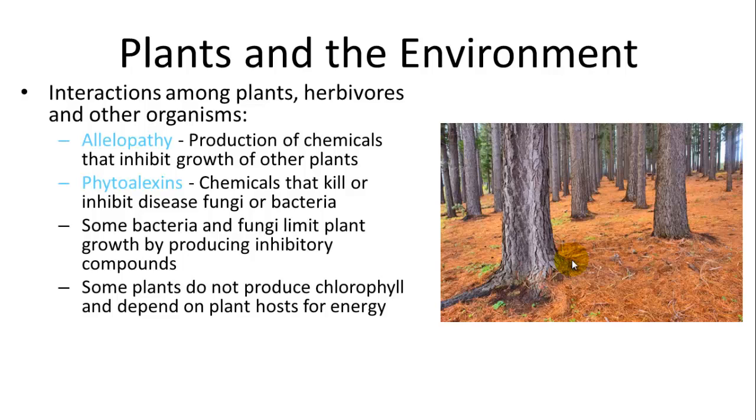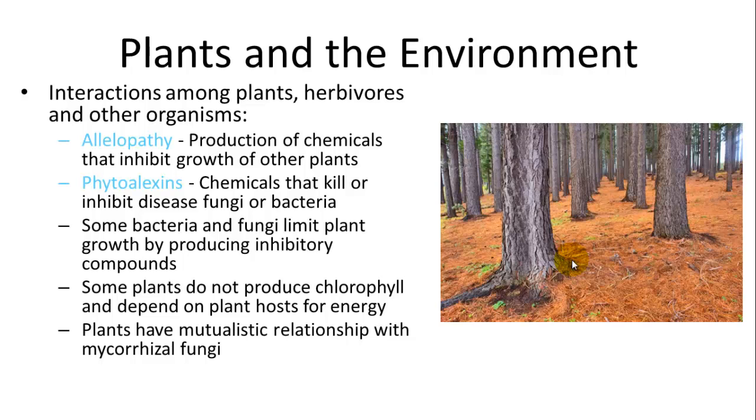So they are like parasitic plants. Plants do have mutualistic relationships with mycorrhizal fungi, which we've talked about a few times. And some herbivores and plants are involved in coevolution, where plants will develop defenses against the herbivore, and the herbivore will counteract that with a way to get around the defense.